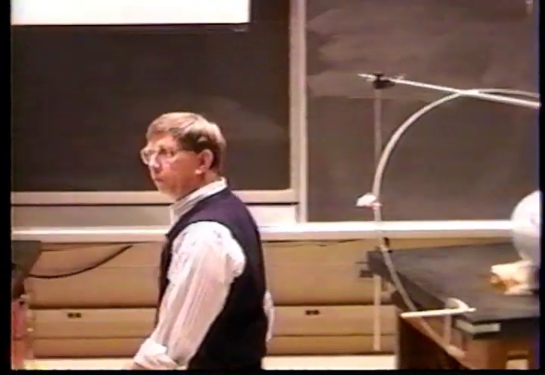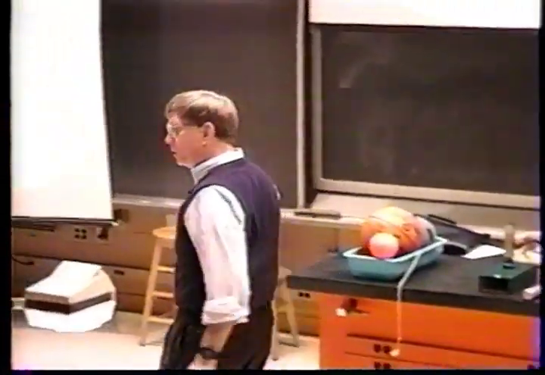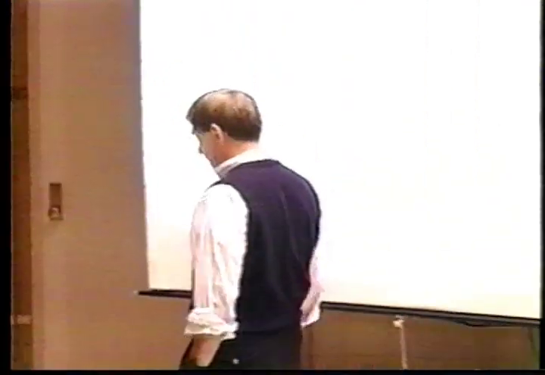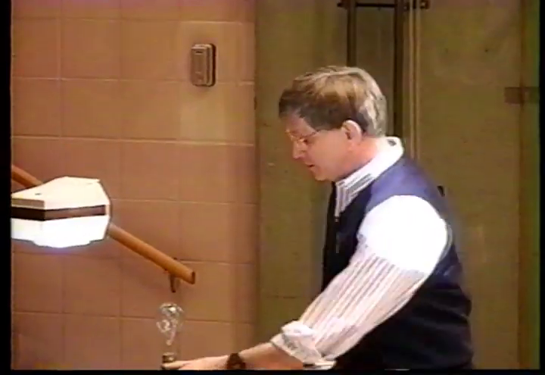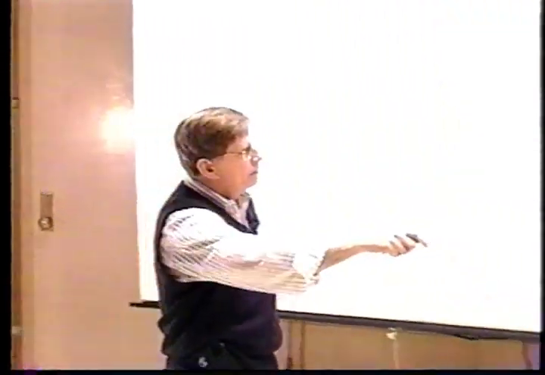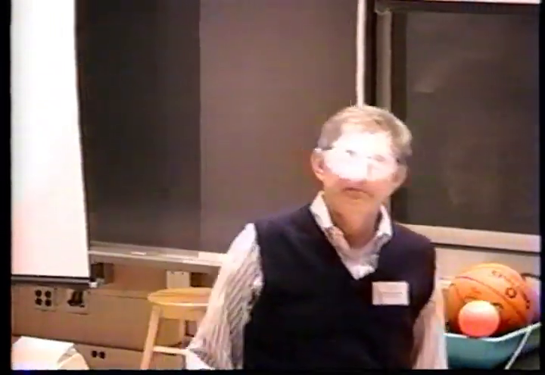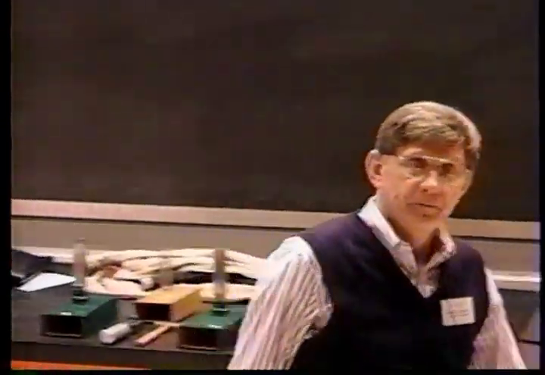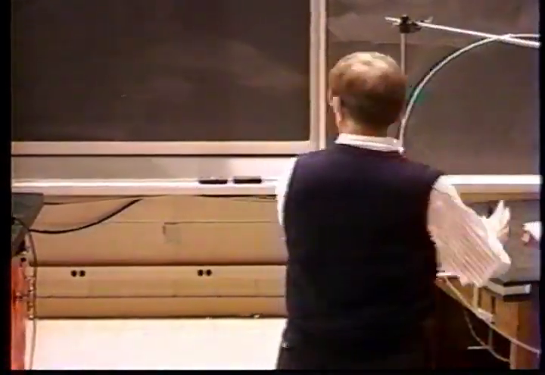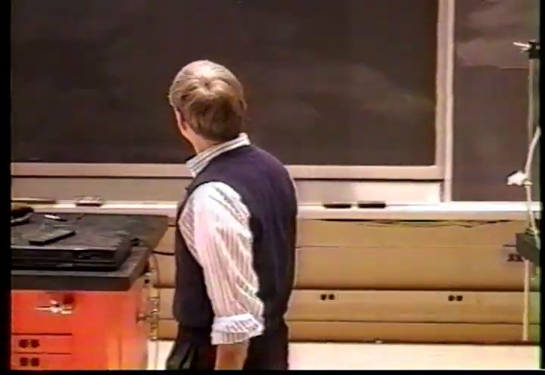On the scale of that model there, the satellite orbit radius is around 4.2 times the radius of the Earth. This sun would be 2 miles away, so it'd be way over in Champaign somewhere. Okay, so this part's to scale, that's not.